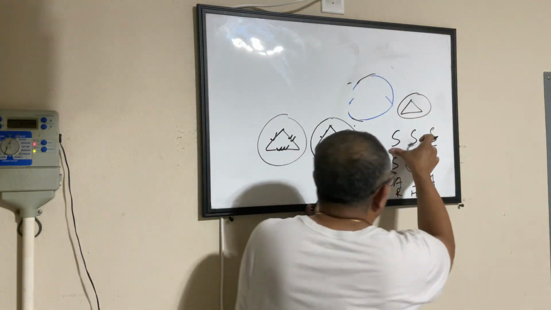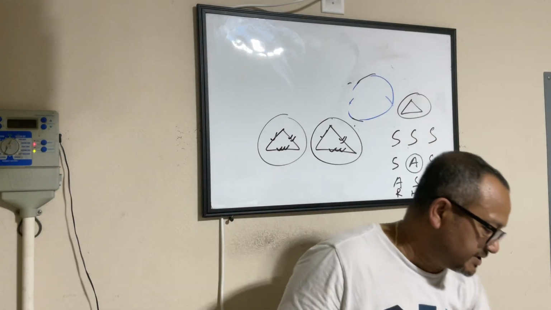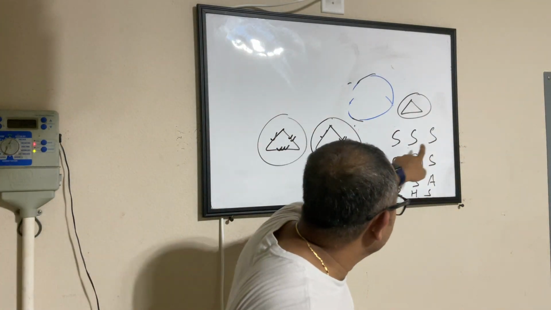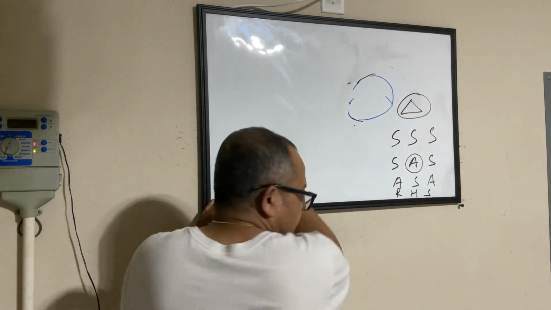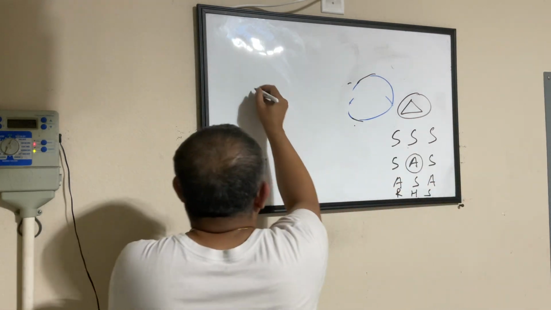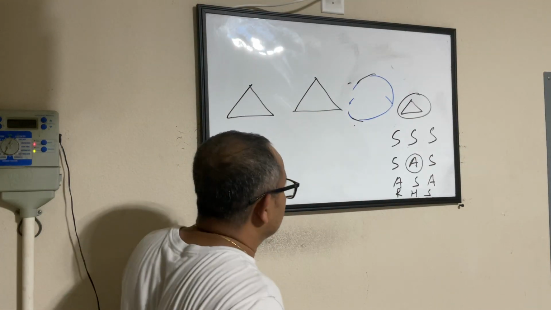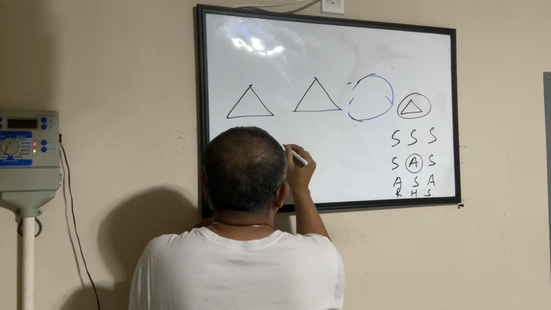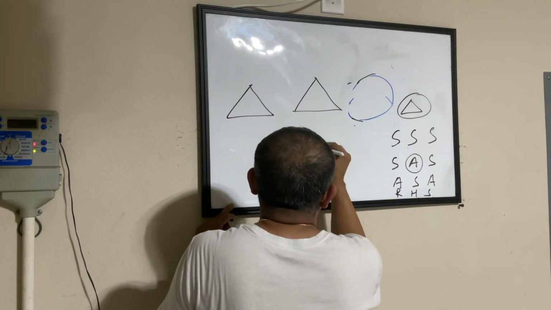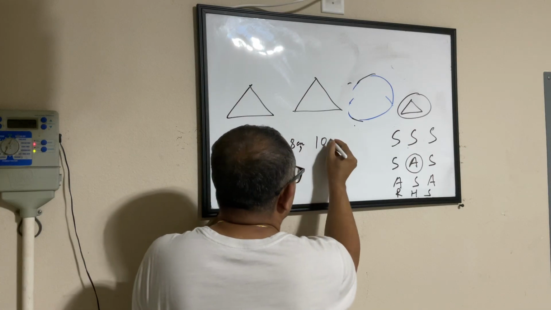So this is the first theorem, and this is where I had given you one challenge yesterday: if you have 3 sides the same, can you make 2 different triangles that are not exact copies of each other? Meaning, let's say you have 6 centimeter, 8 centimeter, 10 centimeter.